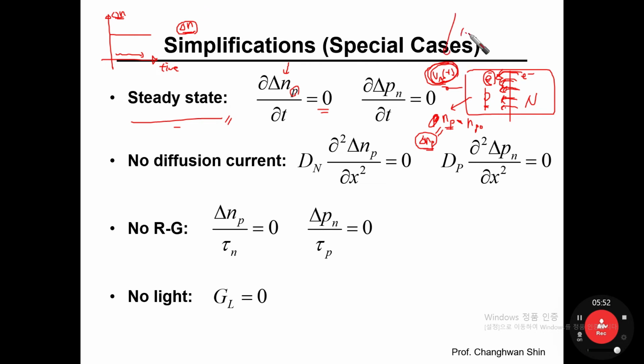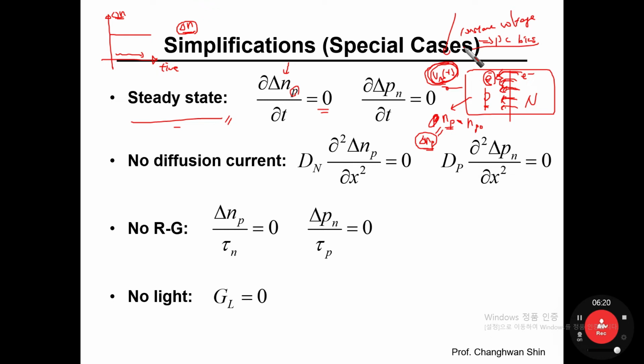Constant voltage means DC bias, right? So under DC bias, for a given voltage, say 0.2 volt or 0.5 volt, the total amount of injected electrons toward the p-side material is always constant.